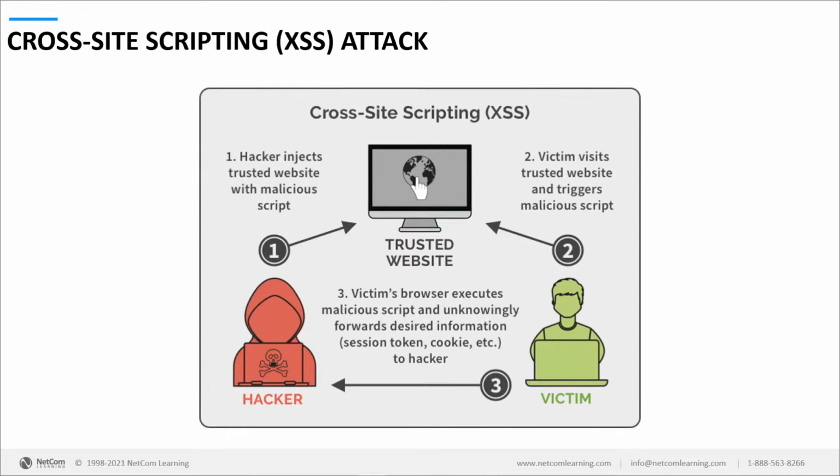The victim visits a trusted website. You weren't driven to or redirected to some other site. The actual site itself has some potential for cross-site scripting exploitation. And the victim's browser executes the malicious script and unknowingly forwards the desired information.